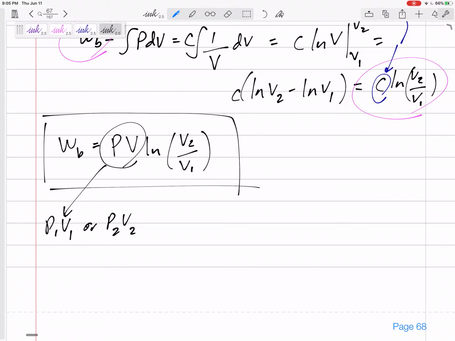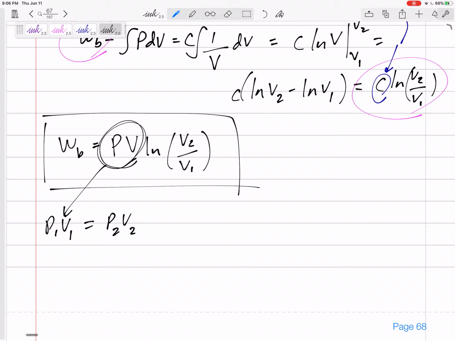PV is constant. So you can use either P1 and V1 or P2 and V2. Don't try to use P1 with V2. I'm going to write just PV here, but in my head I know I can use state 1 or state 2.